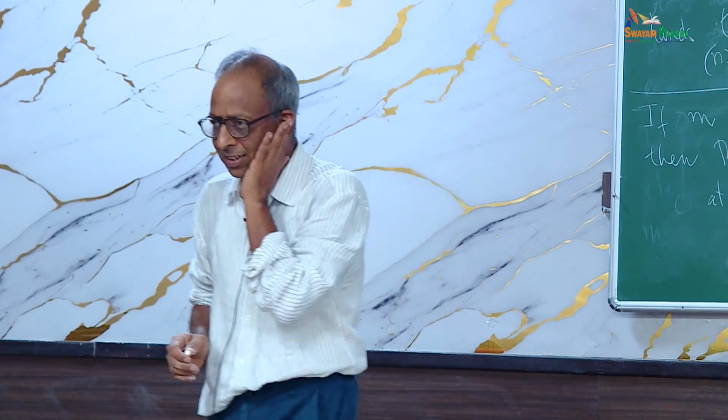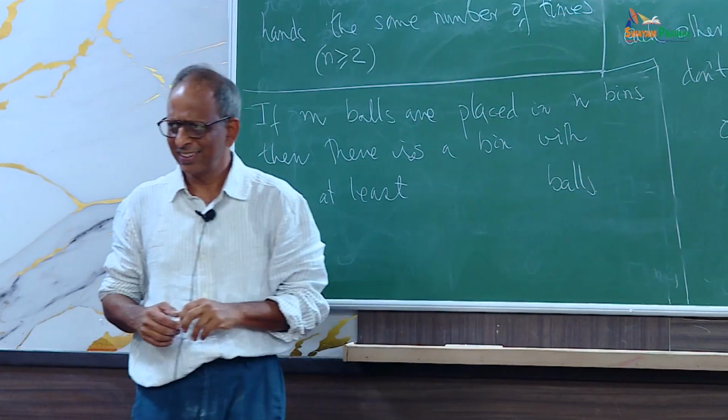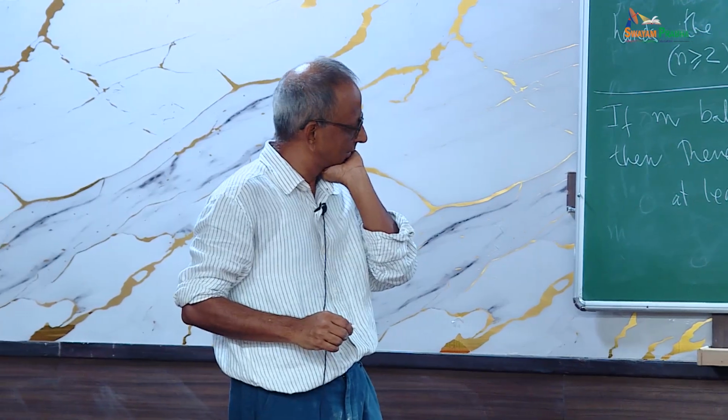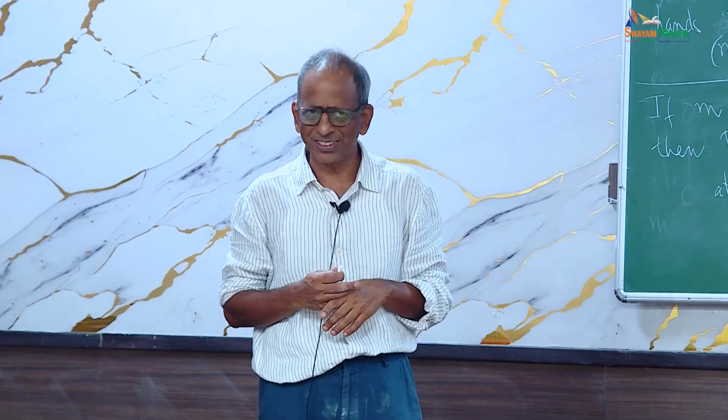Well, that depends on, if m is less than n, m minus n mod n. I mean, m minus n mod n could be 0, and then this statement is not saying much.